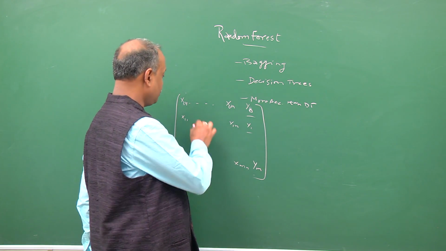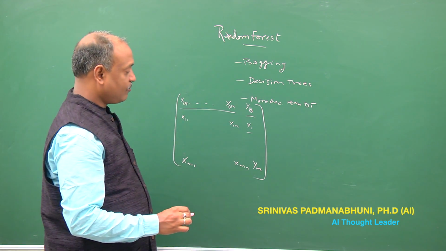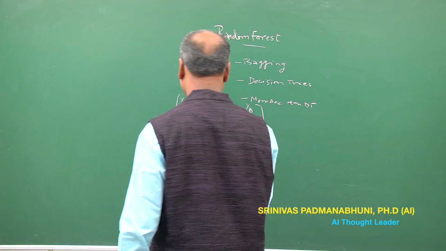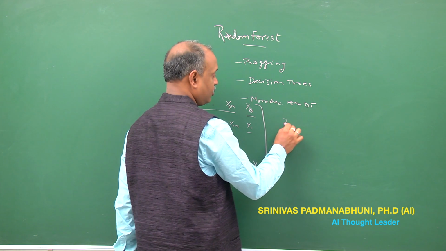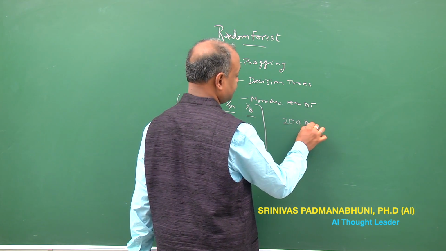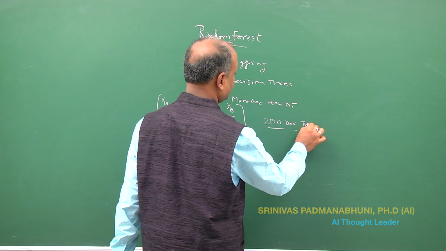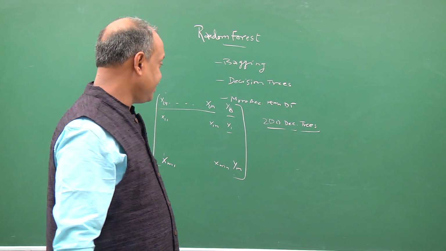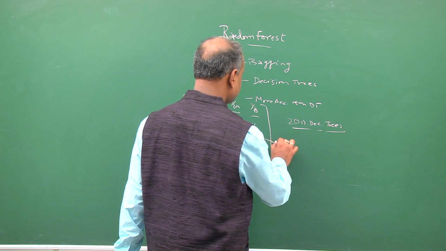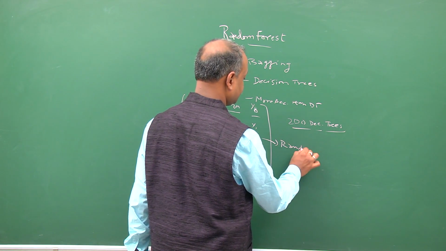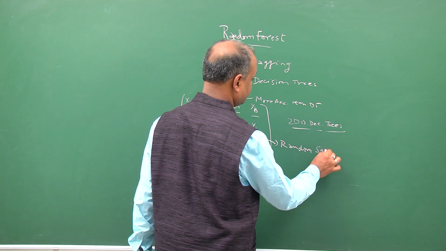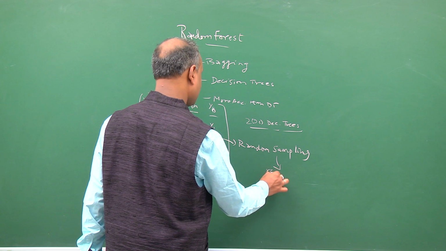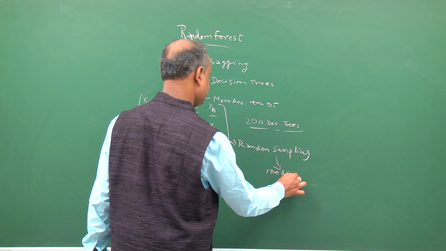There are m rows, n variables as input and one output. Suppose you talk about creating an ensemble of 200 decision trees. The random forest consisting of 200 decision trees is constructed by randomly sampling rows and columns from the input.